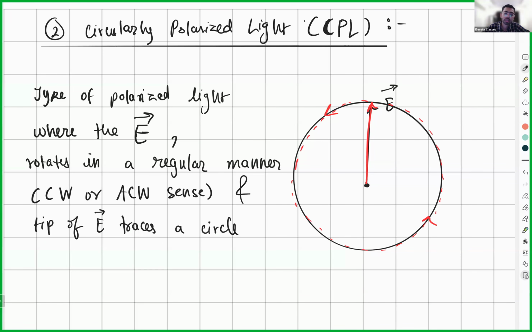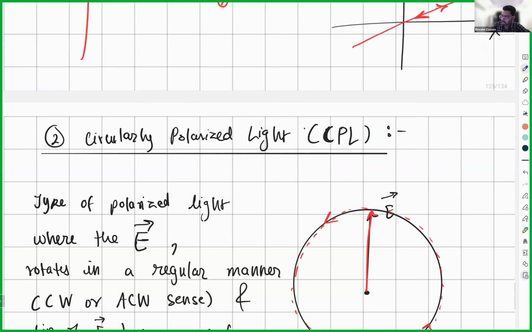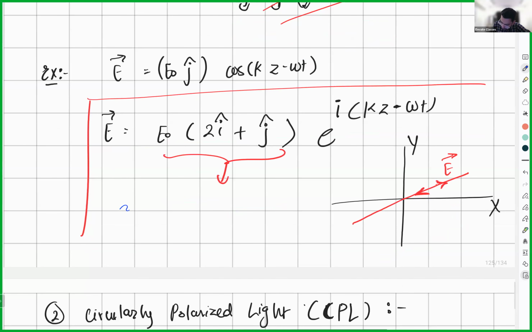Now, this that I'm saying, that the magnitude of the electric field vector will be a constant, will not happen for an elliptically polarized light. It will not happen for plane polarized light also. Because when I try to calculate the magnitude of a plane polarized light, what am I getting? Let us find out for cos.